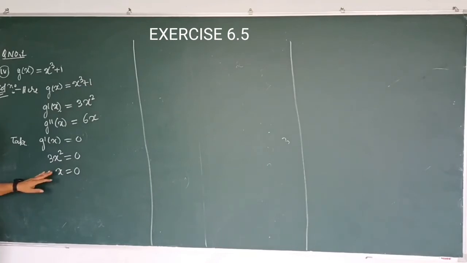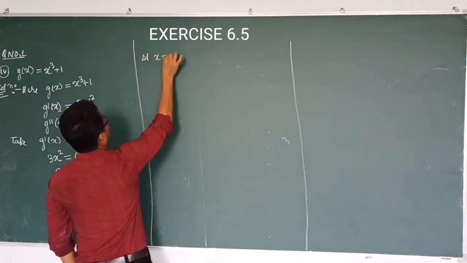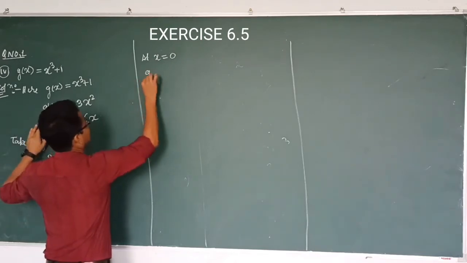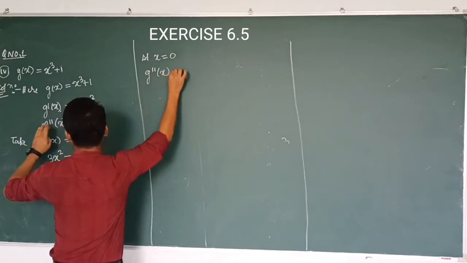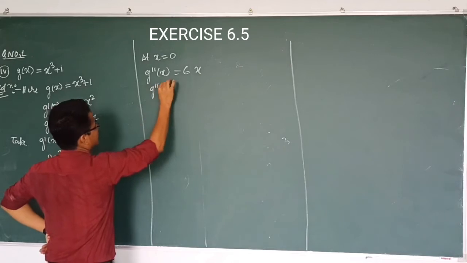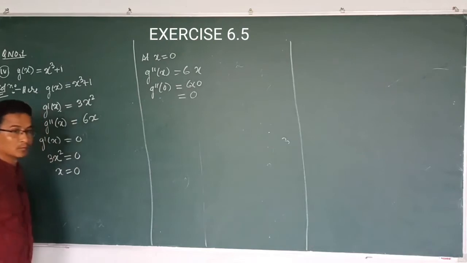We take x equal to 0 and put it in g double dash x, which is equal to 6x. Therefore g double dash of 0 equals 6 into 0, that means 0.